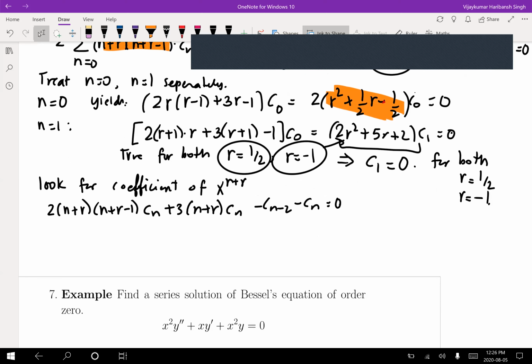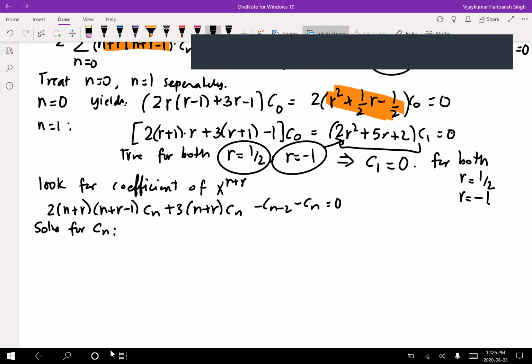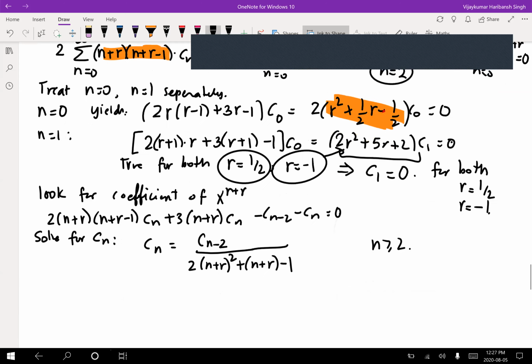Now from here I'll solve for cn based on the previous terms, that's the idea, to write the recursion. So cn equals c(n minus 2) upon 2(n plus r) squared plus (n plus r) minus 1, and n is greater than or equal to 2, because for 0 and 1 we have already done that case.